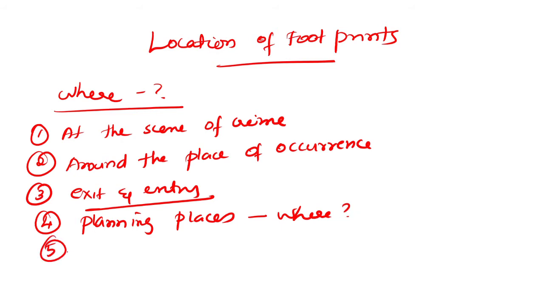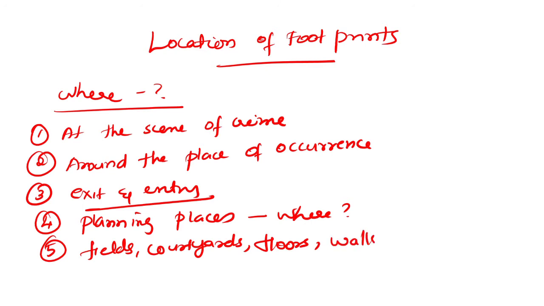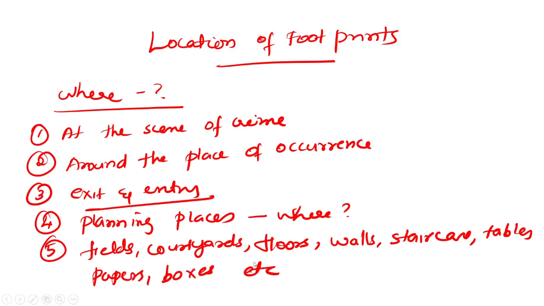Then fifth, besides the above, footprints may also be found in fields, courtyards, floors of rooms, walls, staircases, tables, papers, boxes, etc. If the culprit has visited a garage, he is likely to leave his prints on the greasy surface of the garage floor.